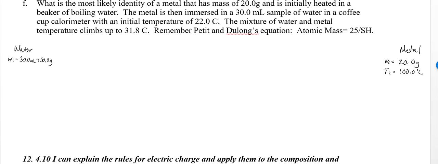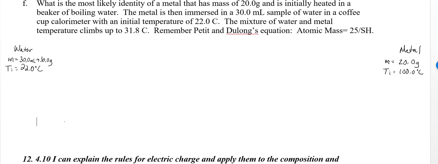It's immersed in a 30 milliliter sample of water in a coffee cup calorimeter with an initial temperature of 22 degrees Celsius. What does that tell you? Well, it doesn't tell you the initial temperature of the metal, does it? It's the initial temperature of the water. The mixture of water and metal climbs to a temperature of 31.8 degrees Celsius.